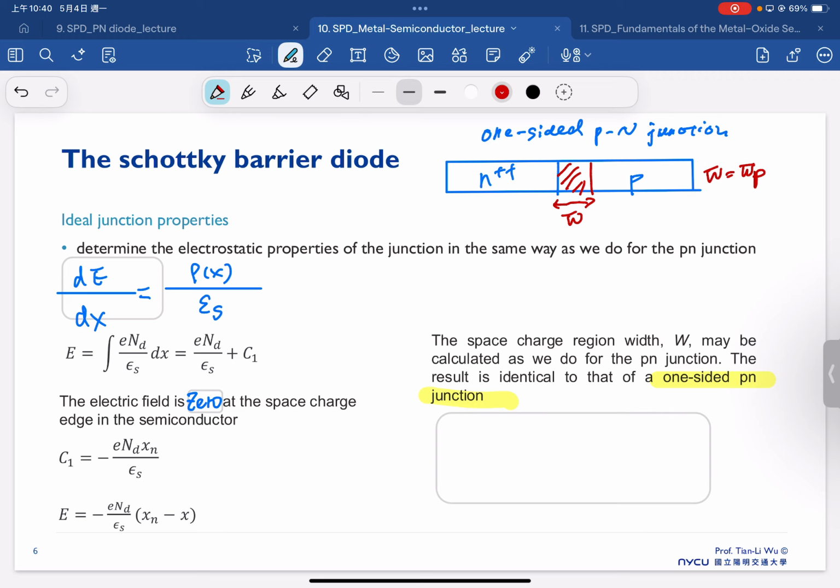And this is the same case we analyze for metal and semiconductor.